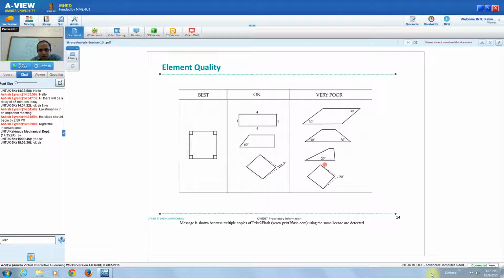These elements are very, very poor. While modeling, we need to ensure that this type of element does not form, and avoid it if possible. If it is not possible, then we need to see.